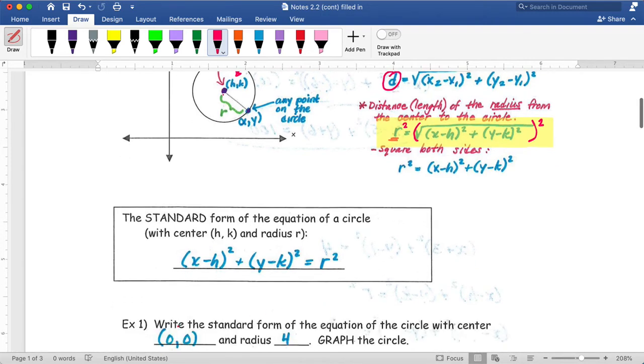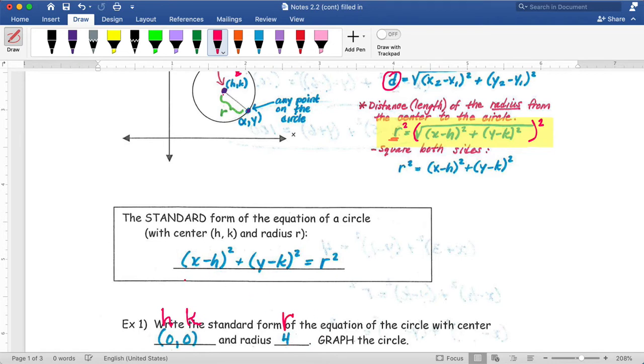So, right here in this example, it says, write the standard form of the equation of a circle that has a center 0, 0 and a radius of 4. Well, this right here is my h, k, and this is my r.